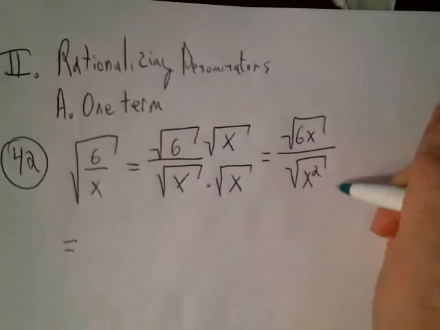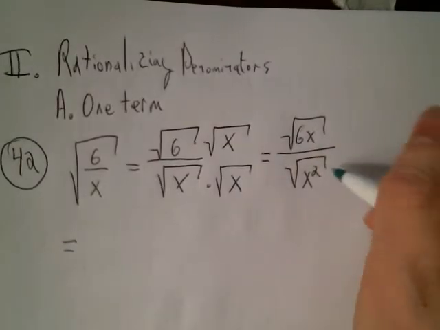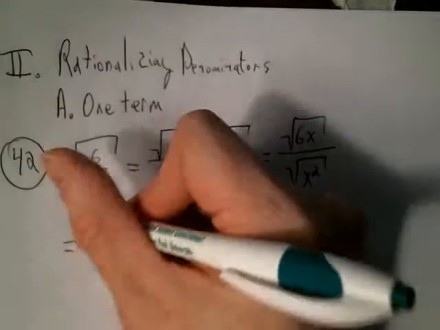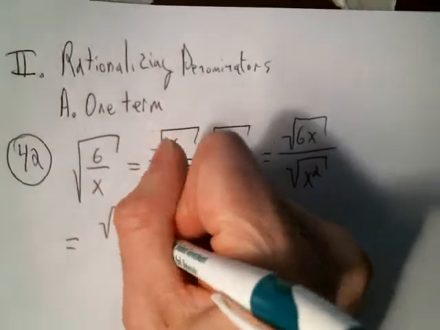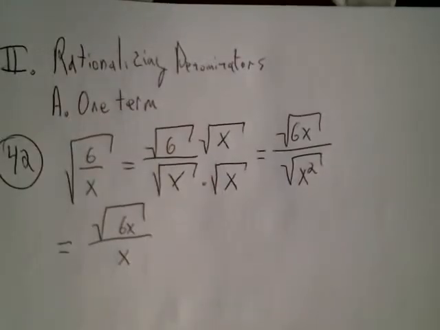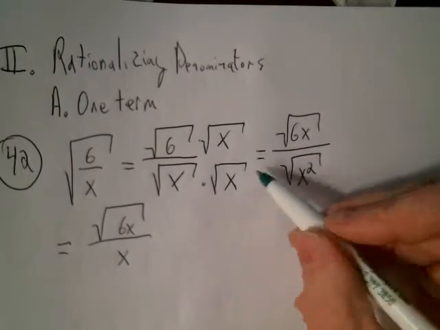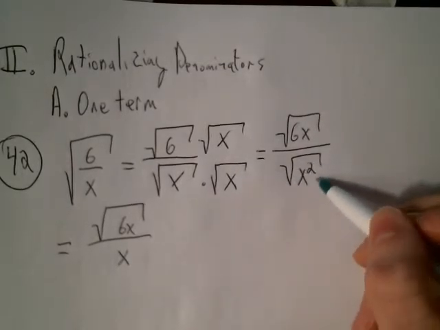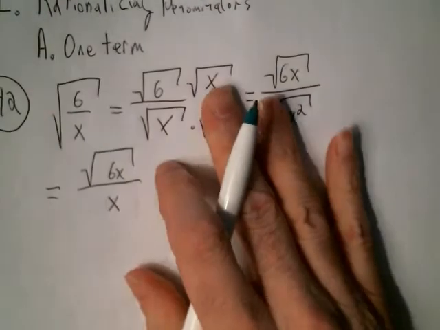Normally, that would be the absolute value of x. Here, we're presuming that x is positive, so we'll end up with radical 6x all over x. So you're trying to set up a case where the radical will simplify away. In this case, it was easy.